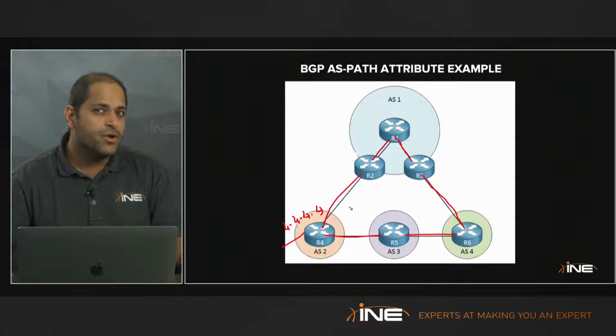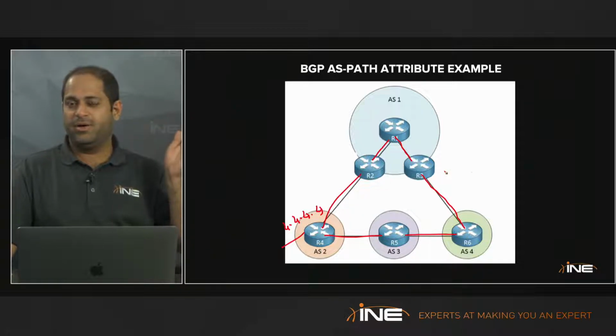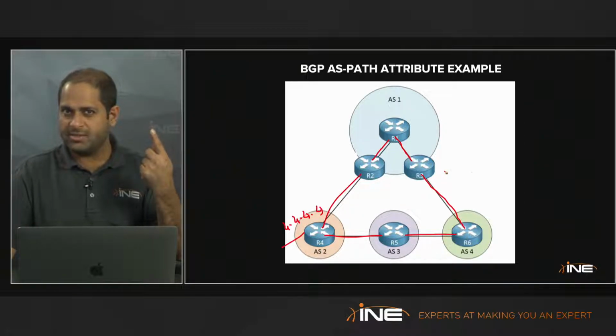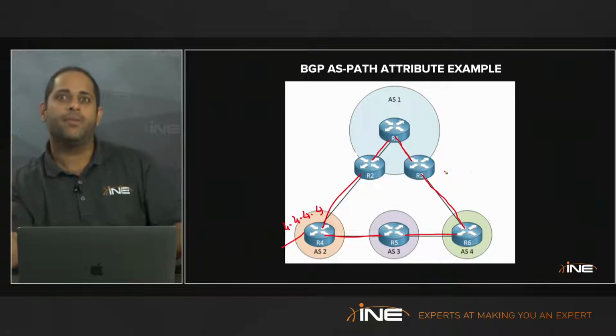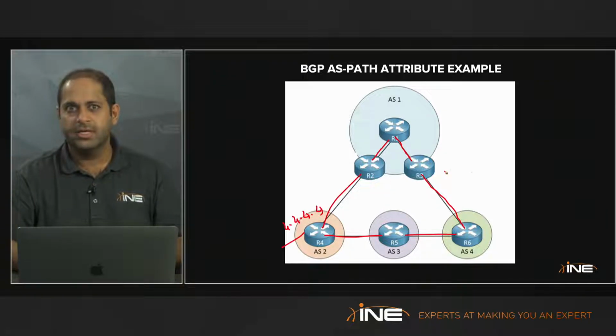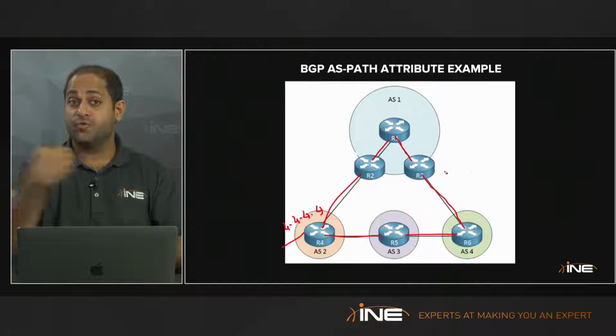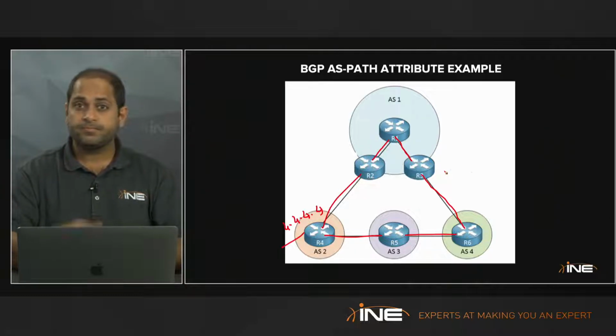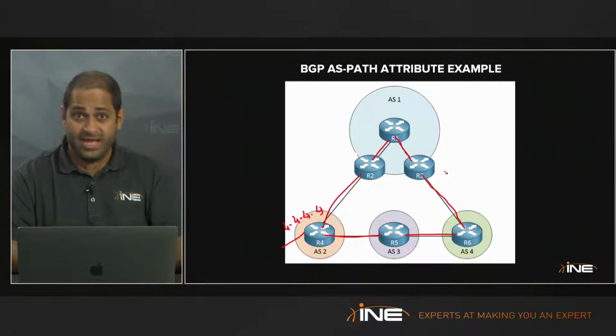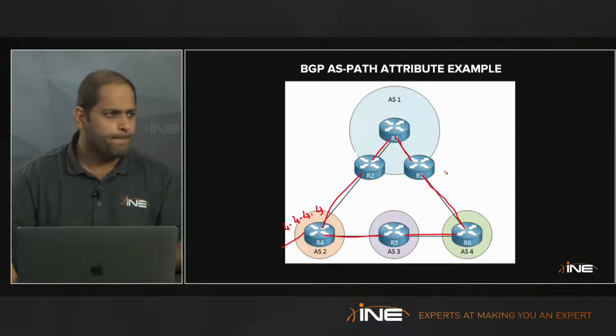So which path is it going to take? The neighbor which has only one AS hop, or the neighbor which has 3 hops? Obviously the lower one is preferred. That's why R2 is going directly to R4, because of the shorter AS path. Let's verify that.